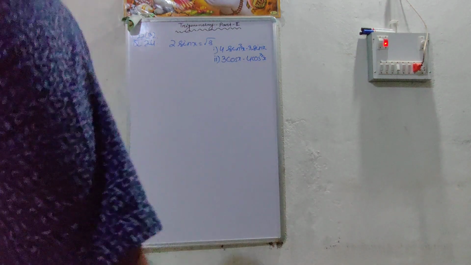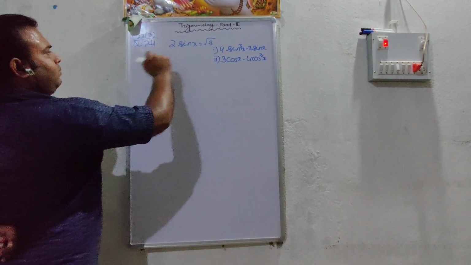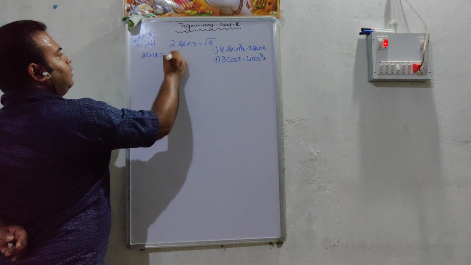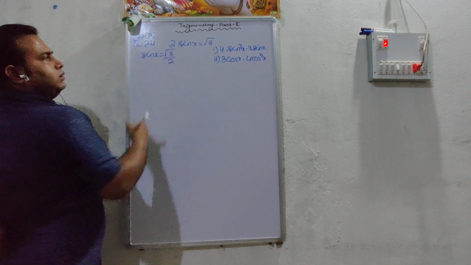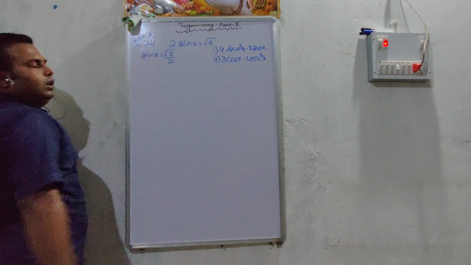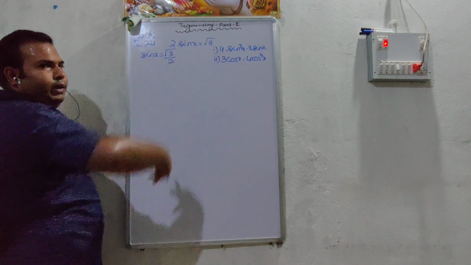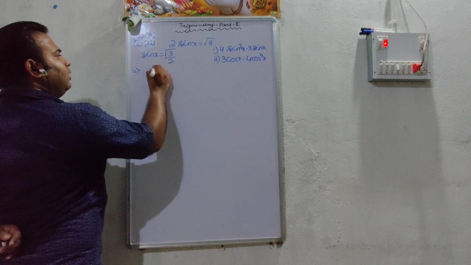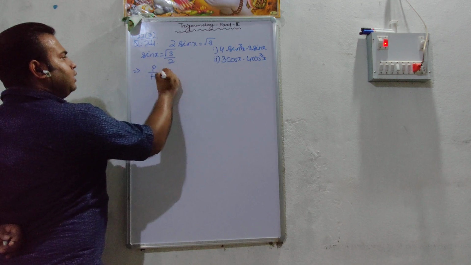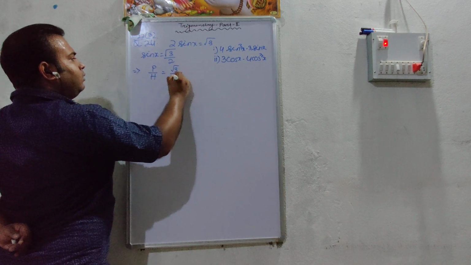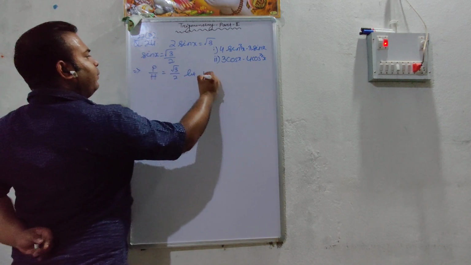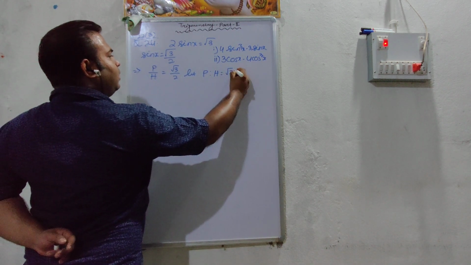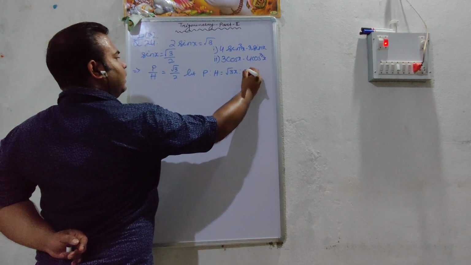Sin x is given, so from this sin x equals what? Root 3 by 2. Is it? This 2 goes to this side, and if it comes to this side, it will be divided. Sin x is equal to root 3 by 2. Sin is nothing but perpendicular by hypotenuse. Let p is to h, it will be root 3x is to 2x.